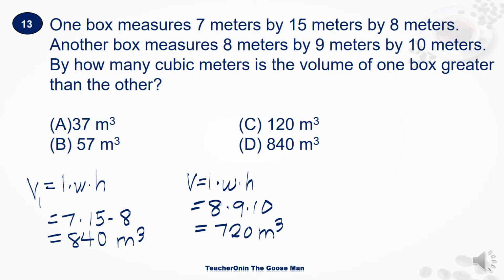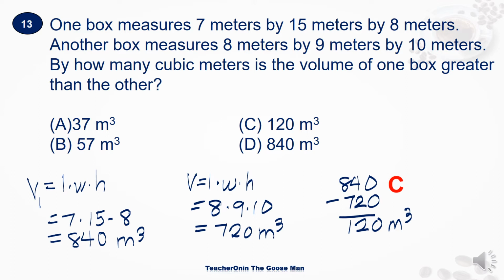We want the difference between the two volumes, so we simply subtract 840 minus 720. We come up with 120 cubic meters. From our choices, it is letter C.